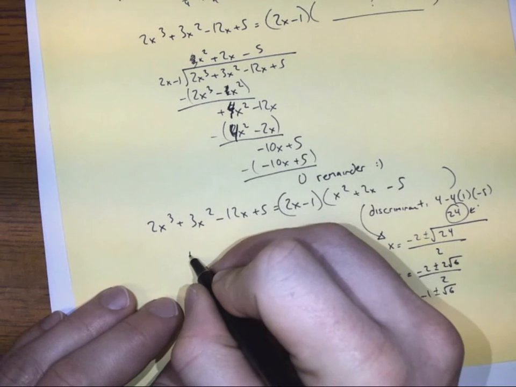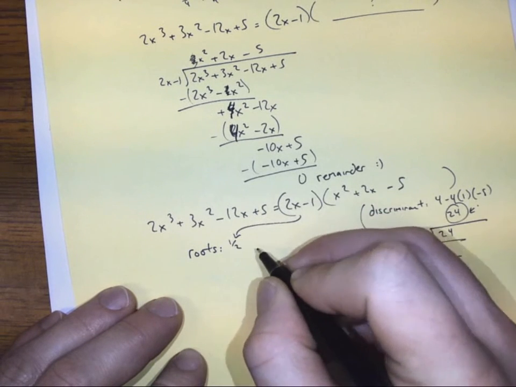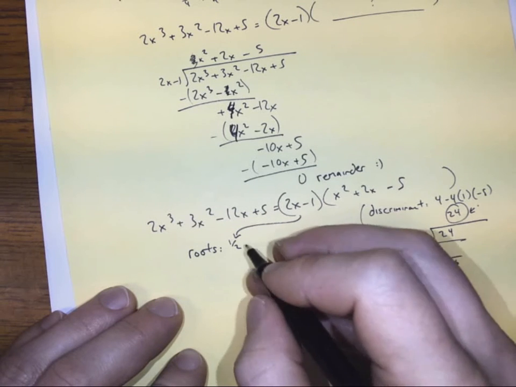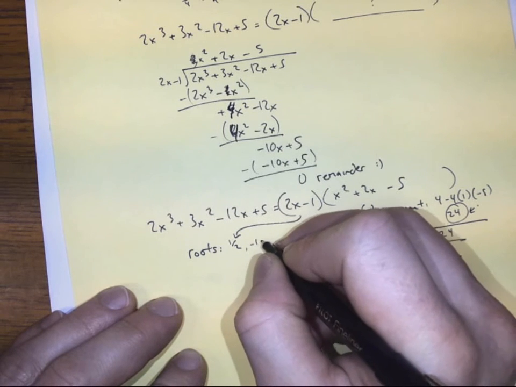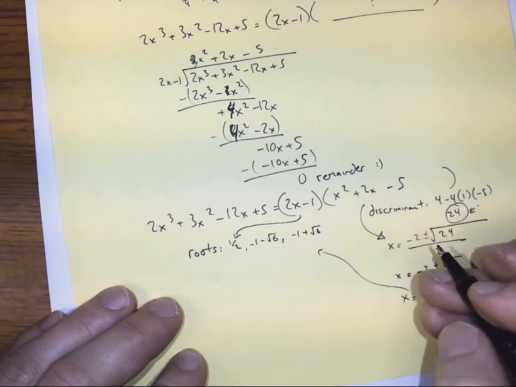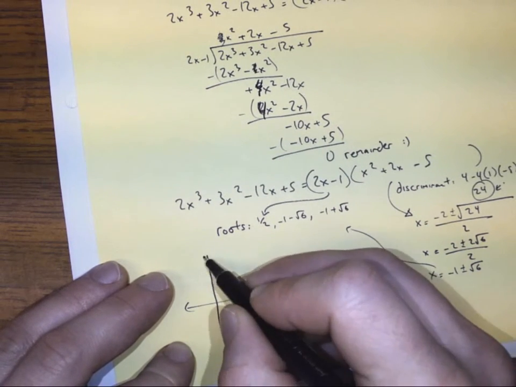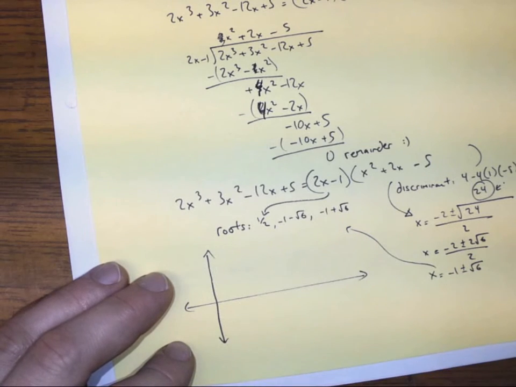So the roots in total are 1/2, -1 minus root 6, and -1 plus root 6. And I need to put those on a number line somewhere, and that means I need to think pretty hard about where those numbers are.